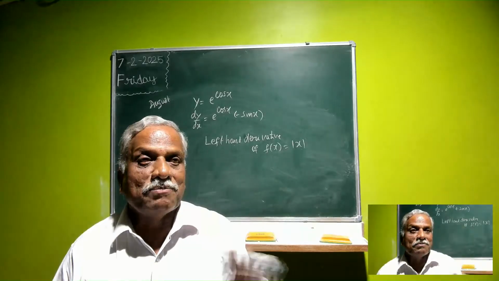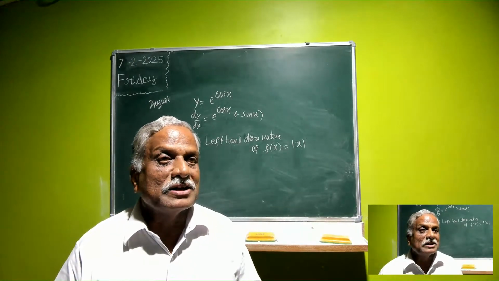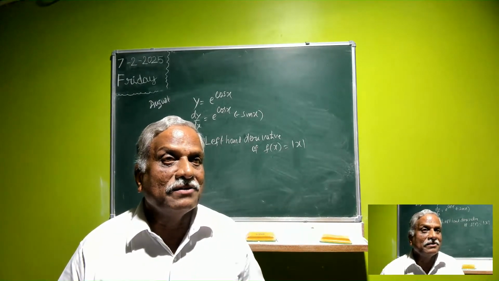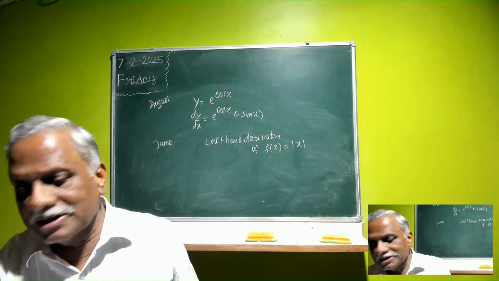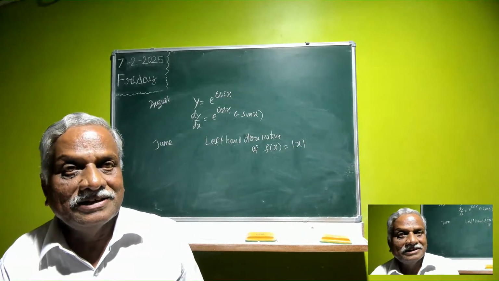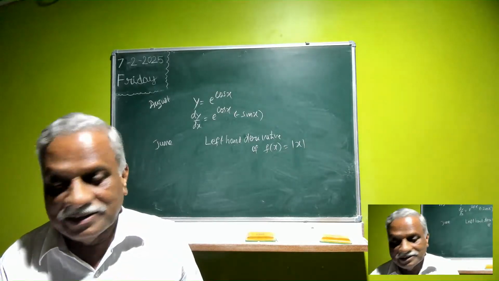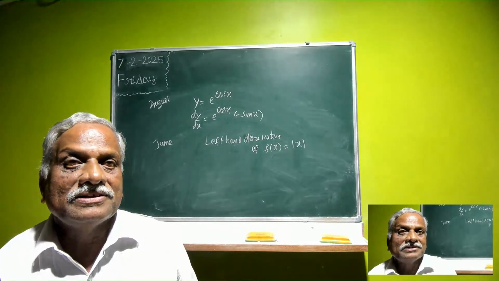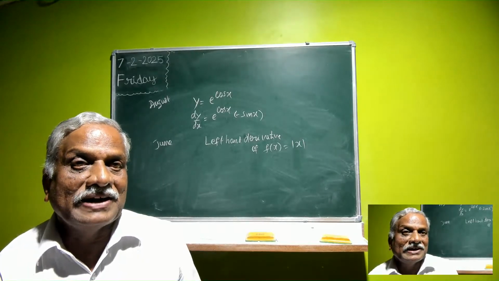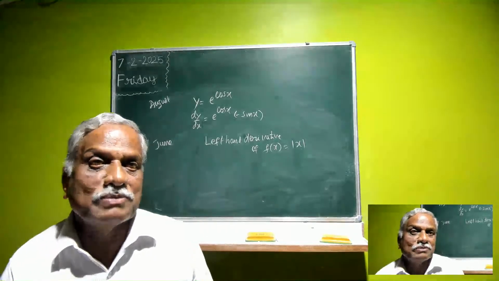When you take the right hand derivative, you get +1. Left hand derivative is not equal to right hand derivative, therefore the derivative does not exist. So here they have given does not exist as an option. If they had asked whether it is differentiable, then we could have given that as the answer, but they have asked left hand derivative, therefore it is -1. If they had asked right hand derivative, it is +1.